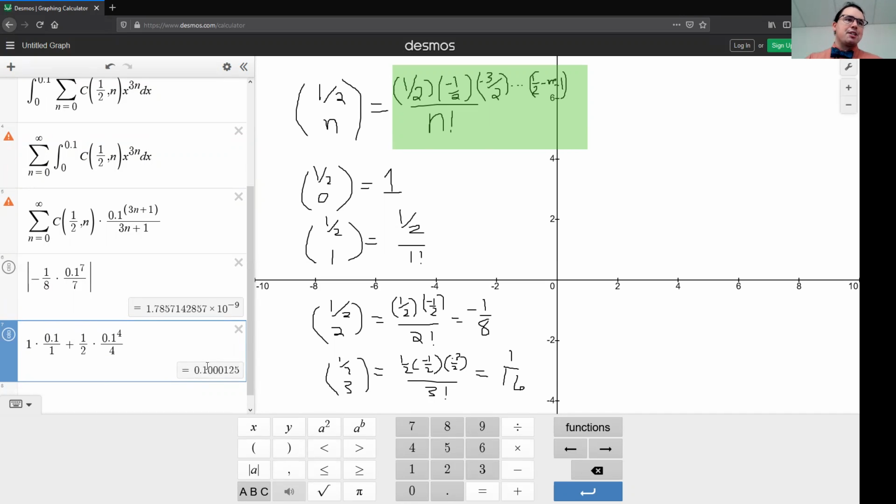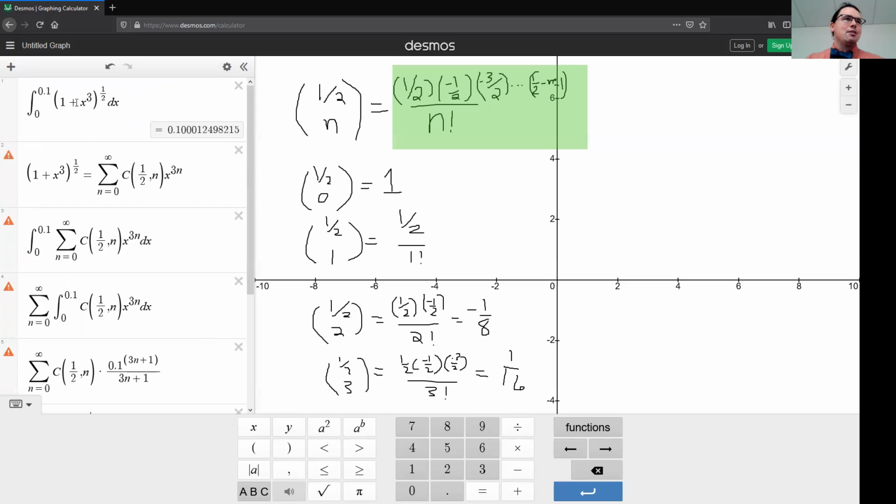So my approximation here, using 2 fractions, is that the integral should be about 0.1000125. Let's check. The actual value of the integral is 0.1000129. That's real nice.